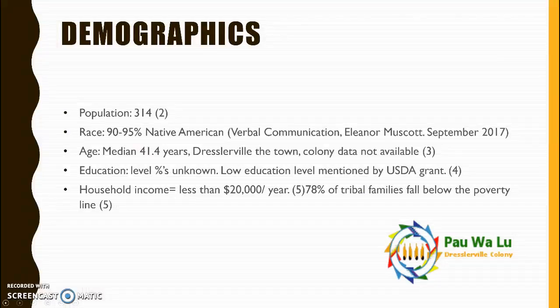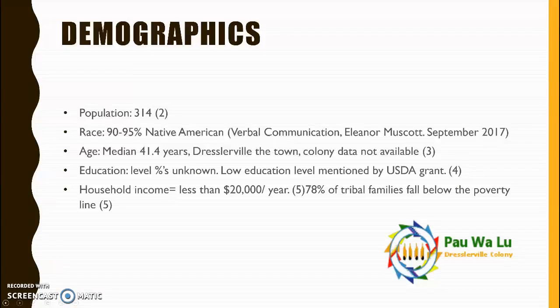So, some more demographics about the Dresserville Indian Colony. The colony is made up of about 314 individuals in approximately 123 housing units. About 90 to 95% of this colony identifies exclusively as Native American.